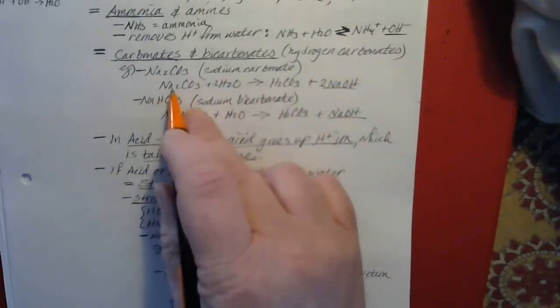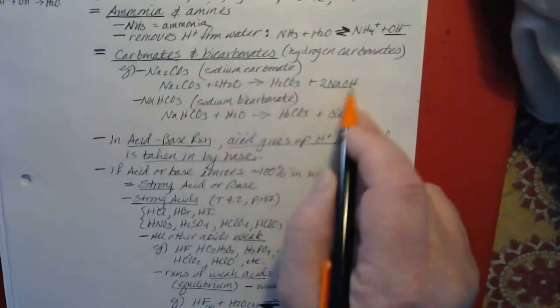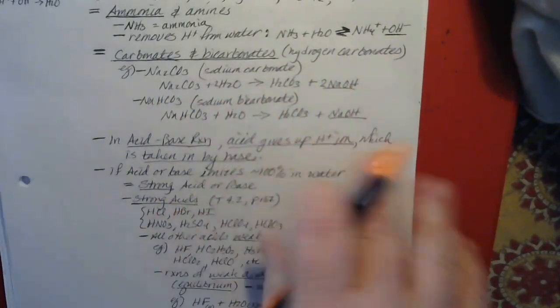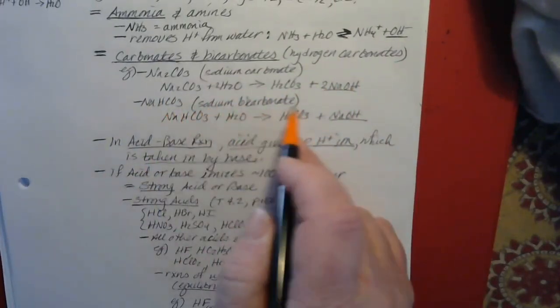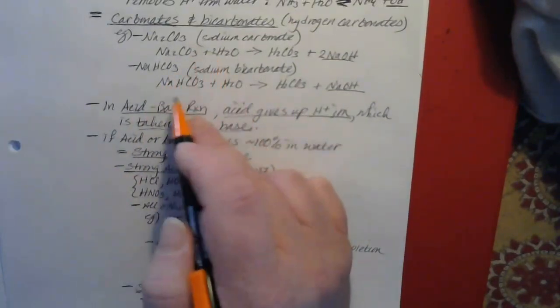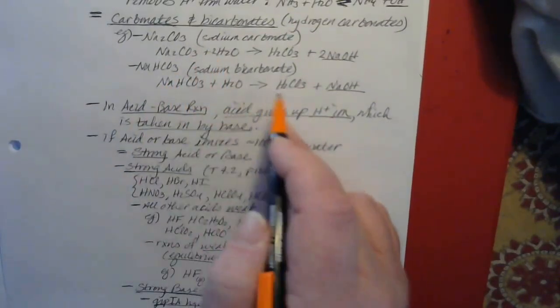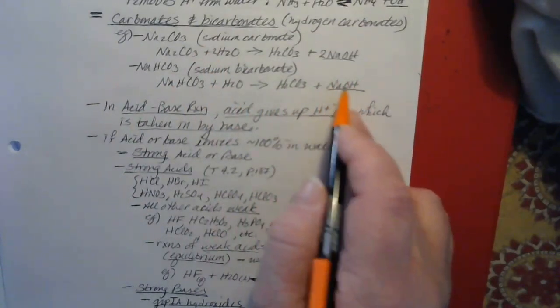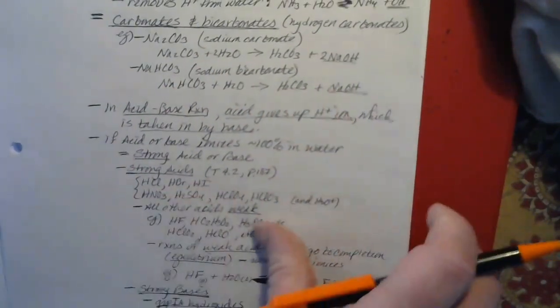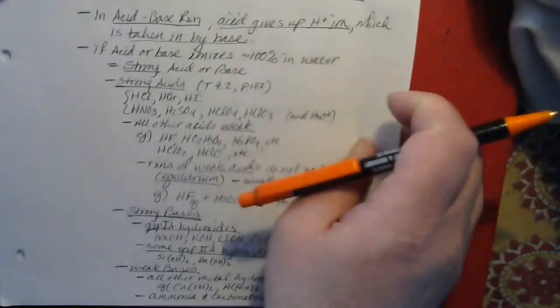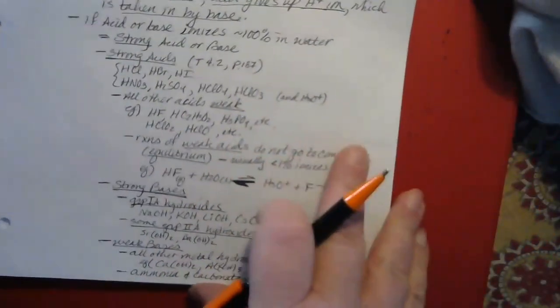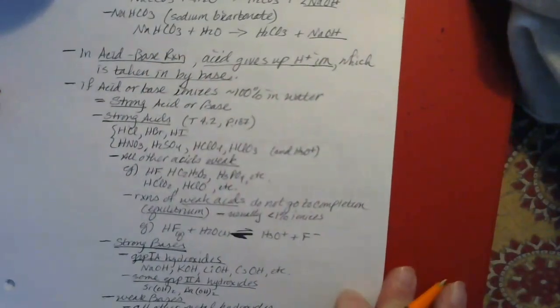And so sodium carbonate increases the OH minus concentration in water. Sodium hydrogen carbonate does much the same thing, only it combines with one water instead of two. And you get, again, carbonic acid and one sodium hydroxide this time, but that increases the hydroxide ion concentration in water, and so sodium bicarbonate is a base.